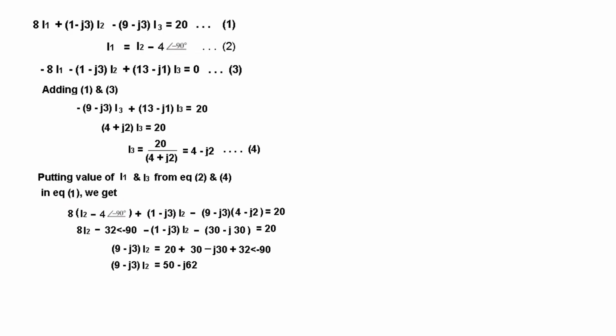So putting the values, now you see 8 I1, so we put this value of I1. Similarly, this remains the same. 9 minus j3 times I3, so we put this value of I3, and solving, we come up to this point, and from here we can calculate I2, and it is 8.396 angle minus 32.68.